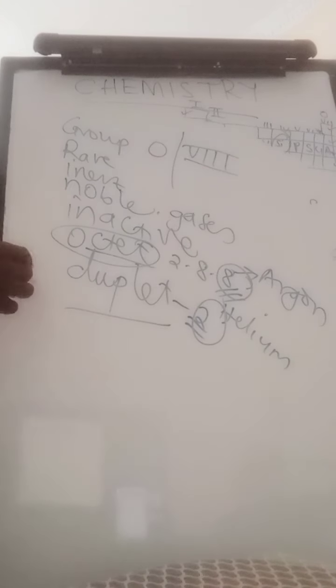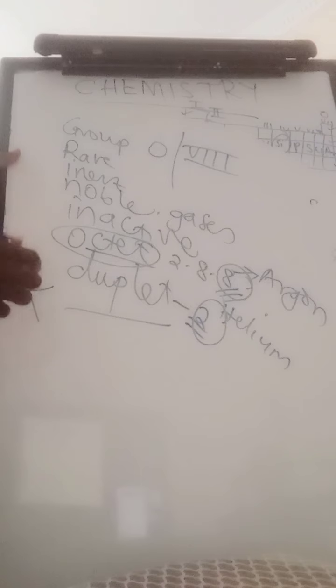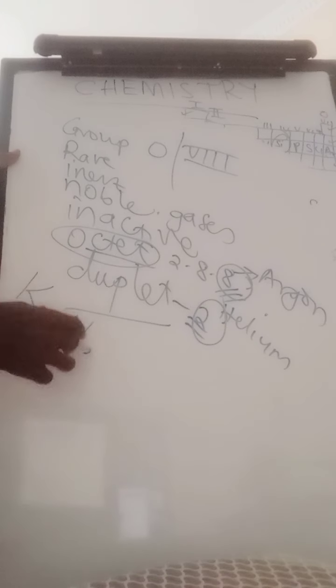Which of these is the least reactive element in group 1? The smaller the atomic radius, the less reactive the element is, isn't it? So the most reactive is potassium, isn't it? In the first 3, potassium, followed by sodium, followed by lithium, isn't it?